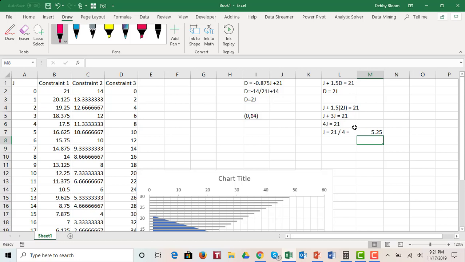Now that we've solved for j, we have to solve for d, but that's very easy because d equals 2j. So our d is just going to equal twice 5.25, 2 times j, which is 10.5.